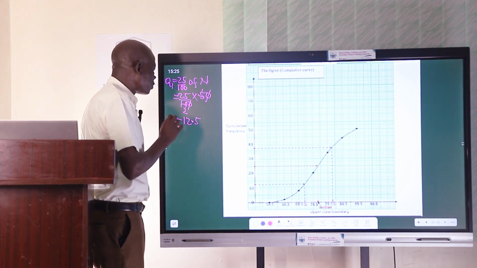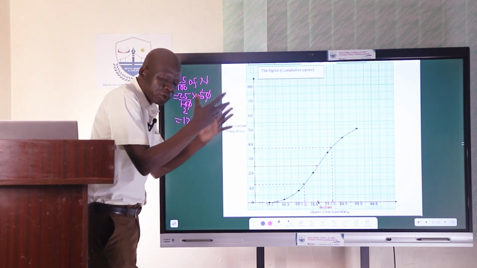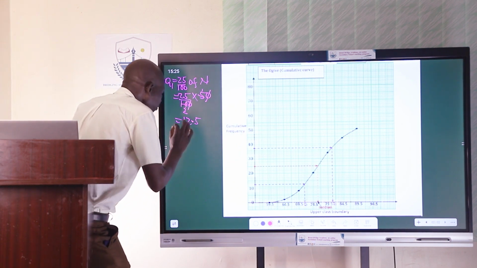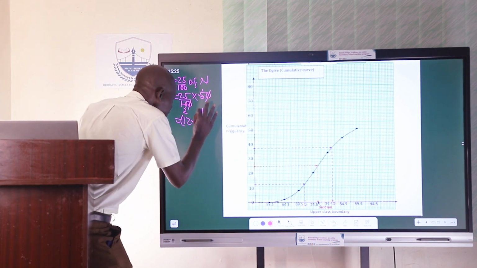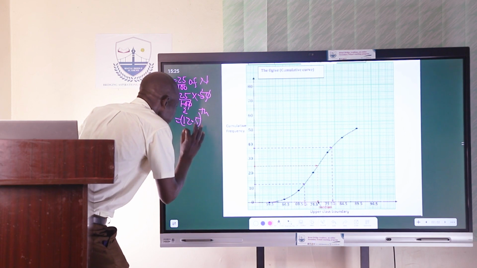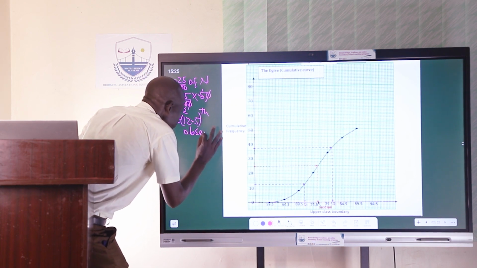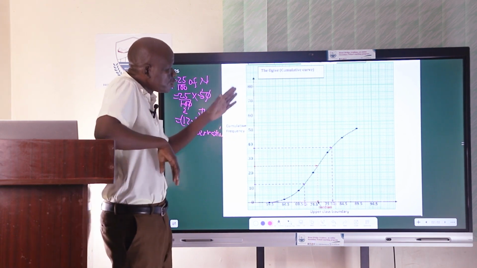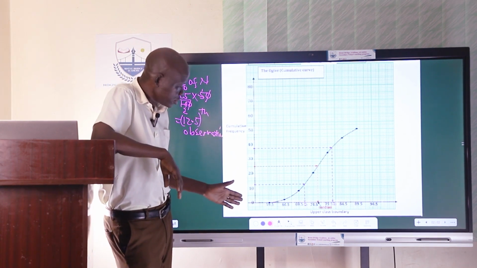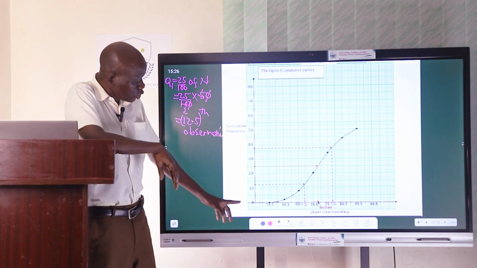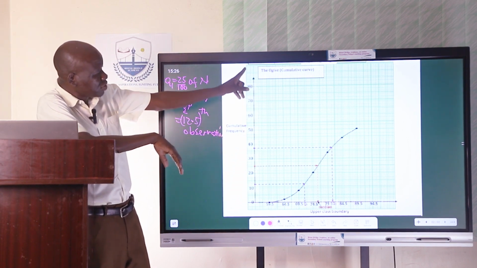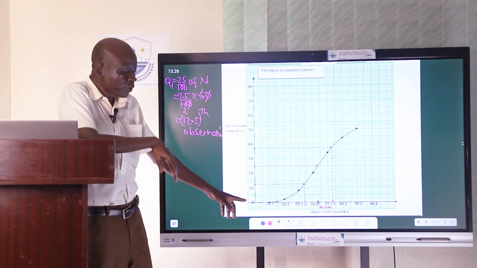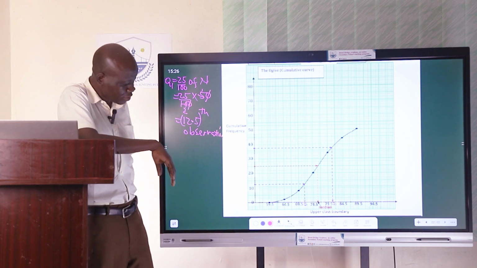So we are going to look for the 12.5 observation on the cumulative frequency axis. So we go to the cumulative frequency axis, which is this one. Then we look for where 12.5 is.